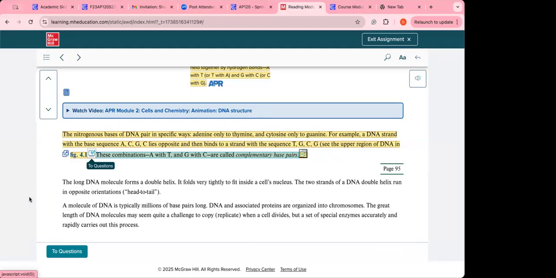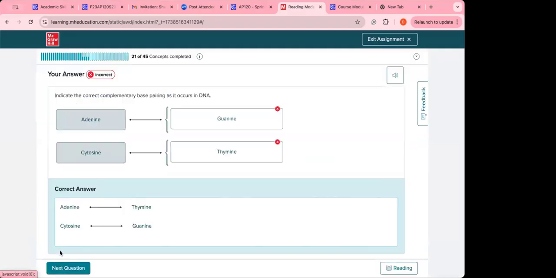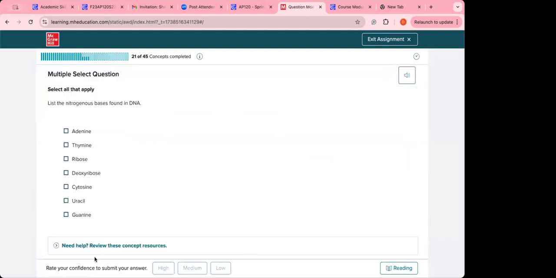RNA is different. Okay, let's go to the question. They'll give it back to us so we can do it in a little bit. List the nitrogenous bases found in DNA. Okay, so there's 4 of them.